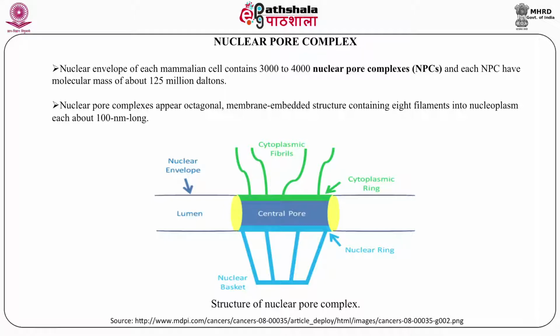The nuclear pore complex is one of the largest protein complexes of a cell, with a molecular mass of approximately 125 megadaltons in vertebrates, while in yeast it is about 66 megadaltons. Structurally, nuclear pore complexes appear as octagonal, membrane-embedded structures containing 8 filaments extending into the nucleoplasm, each about 100 nanometers long.